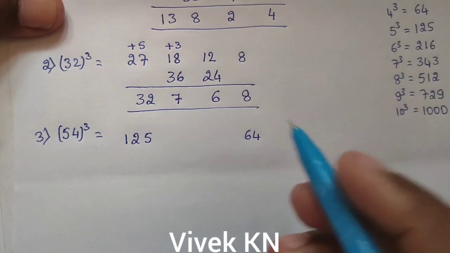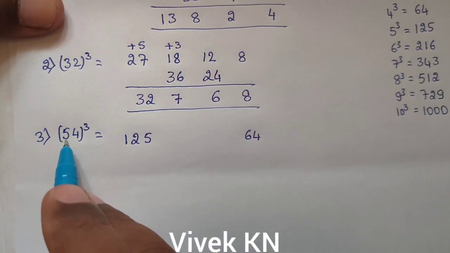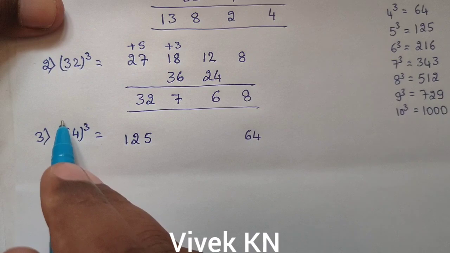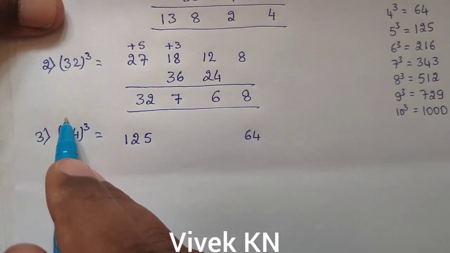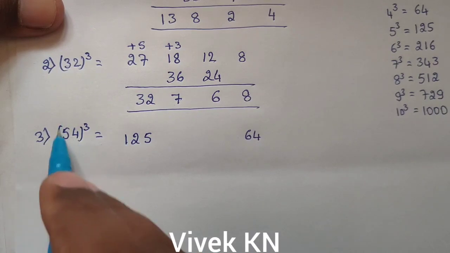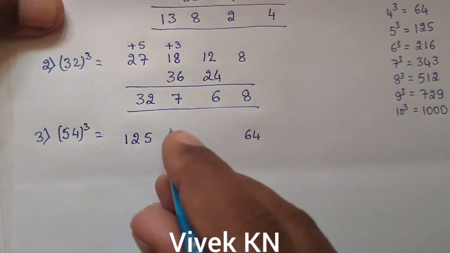And in the second step, we have to square the first digit, so 5 square is 25, and this 25 is to be multiplied with the second digit of the given number. So 25 into 4 is 100.